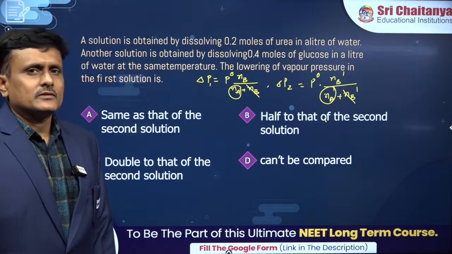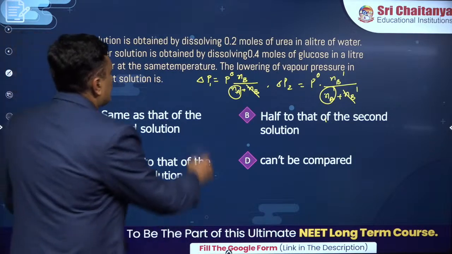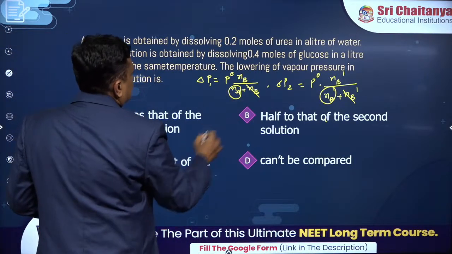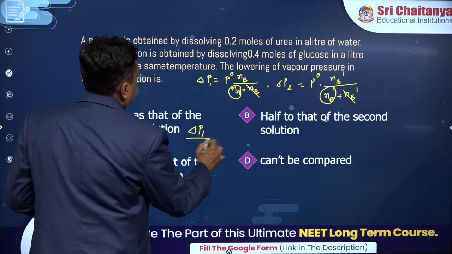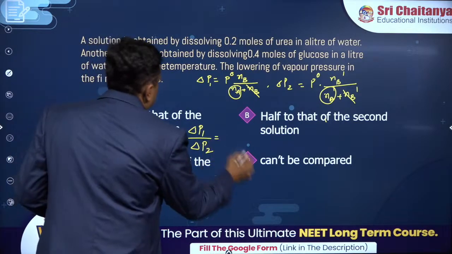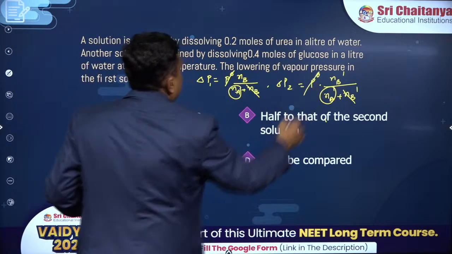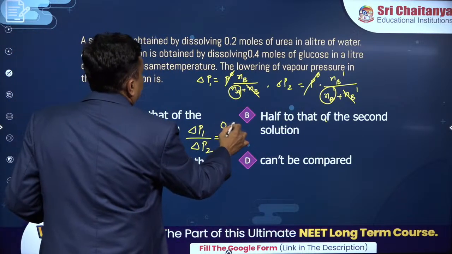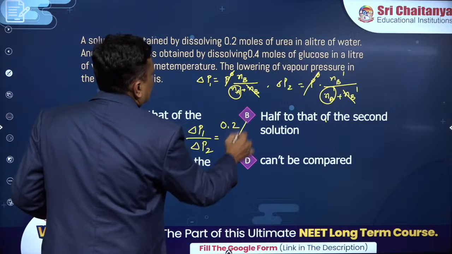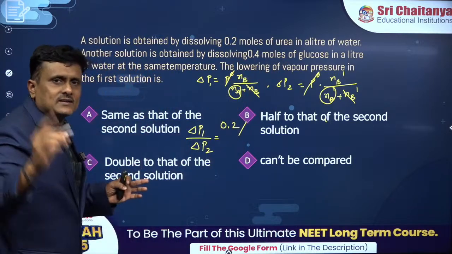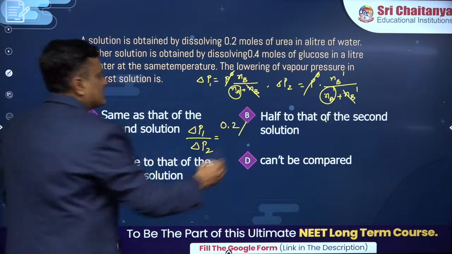Alright, isn't it? Now when you take the ratio, delta P1 divided by delta P2, your P naught gets cancelled, isn't it? One value is given as 0.2, and what is left out is the number of moles of A, which is nothing but 1 liter, that is 1000 gram by 18.